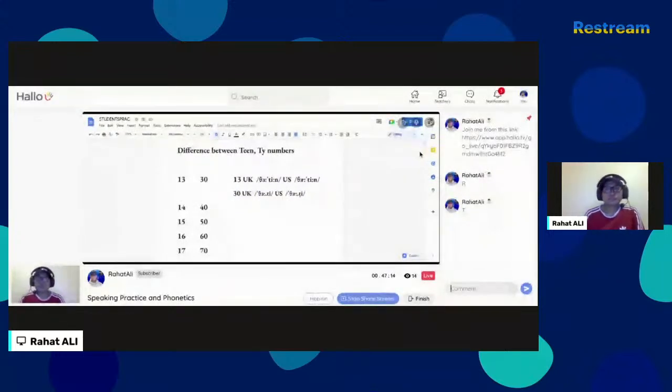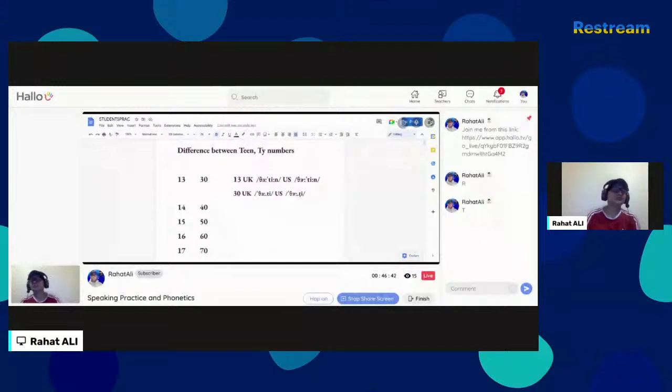Okay, so look at this teen number again, thirteen. We're stressing on the second part. But when it is a T number, we're stressing on the first part, thirty. Both of them have two syllables, but remember the difference: for thirteen, we stress on the second syllable; for thirty, we stress on the first syllable.